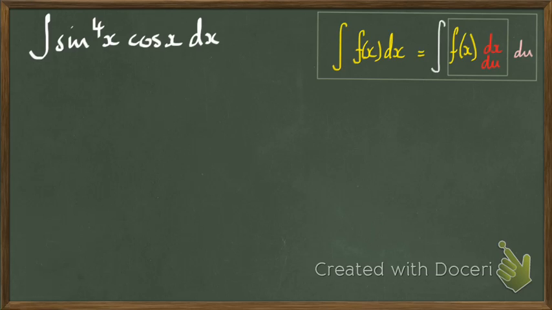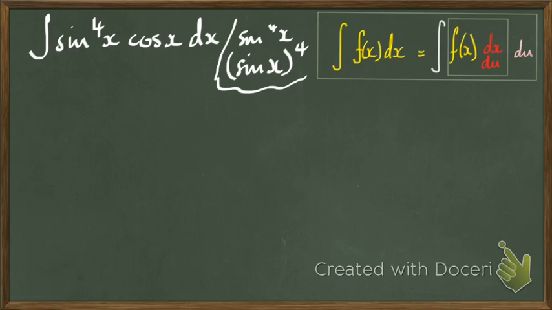The first thing I'm going to do is note that sine 4x is exactly the same as sine x in brackets to the power of 4, and that is an important thing to know.